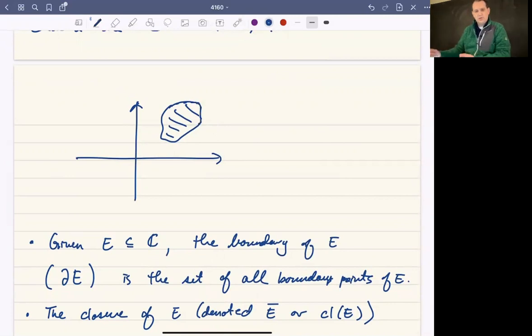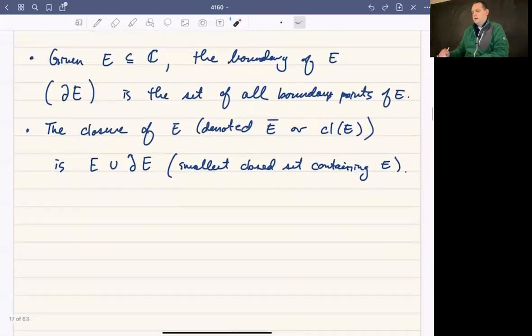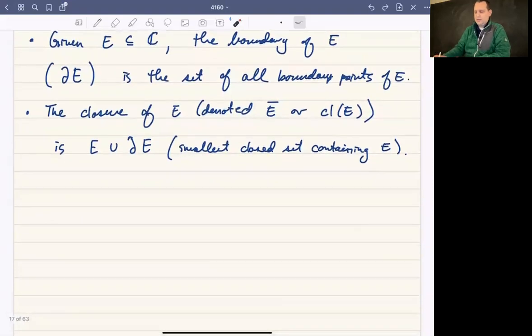And that's the closure of the set E. If I were to pick any other closed set that contains E, it must have the closure of E as a subset of it. Okay, so that's what I mean by smallest, smallest in the sense of set containment. So that's called the closure of E.